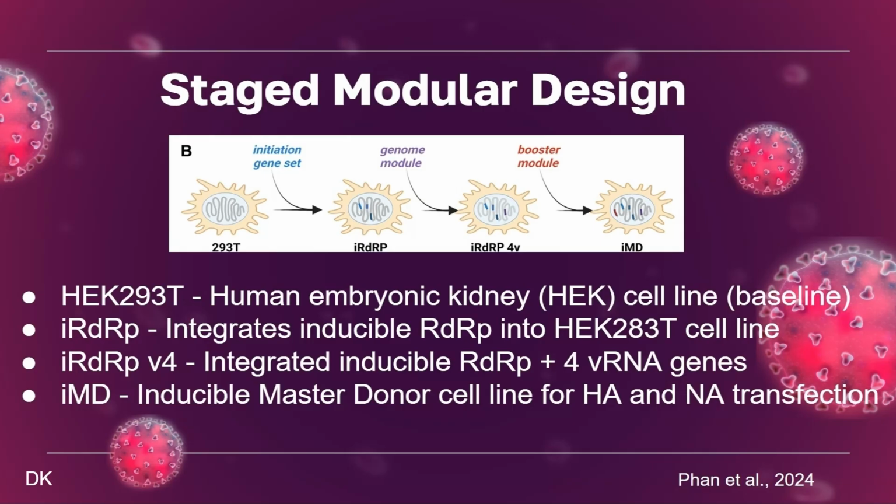Then finally, they created a booster module, which consists of genes associated with the remainder of the gene set, namely the nucleoprotein and the matrix proteins. At the conclusion of the process, they have the inducible master donor cell line that can then be transfected with plasmids containing hemagglutinin and neuraminidase to form infectious virus particles.